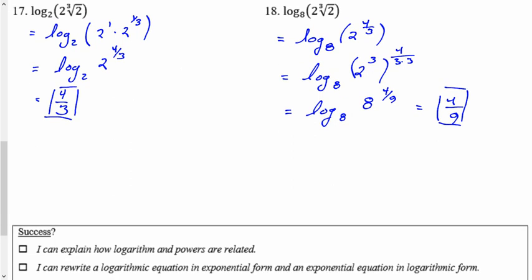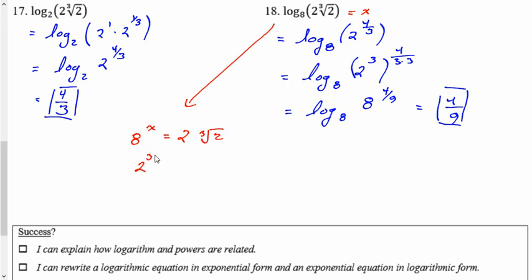So I'm going to take this and set it equal to x. And then I'm going to rewrite this in exponential form. So let's come down here. My base is an 8. My exponent is an x because the logarithm is an exponent. And this will equal 2 times the cube root of 2. Then it's a little bit more manageable, because on the left side, I can actually change this 8 to a 2 cubed, all to the x.